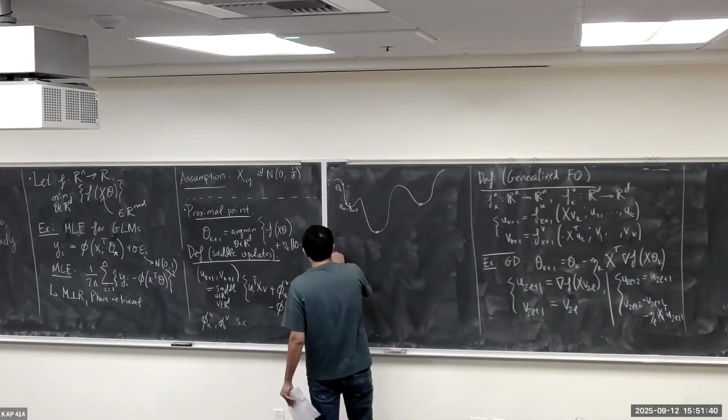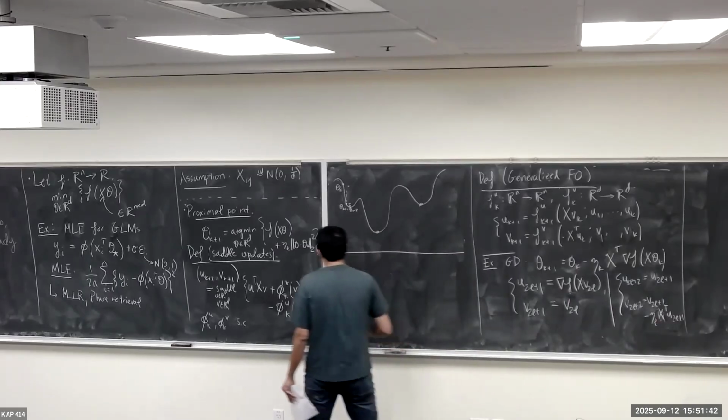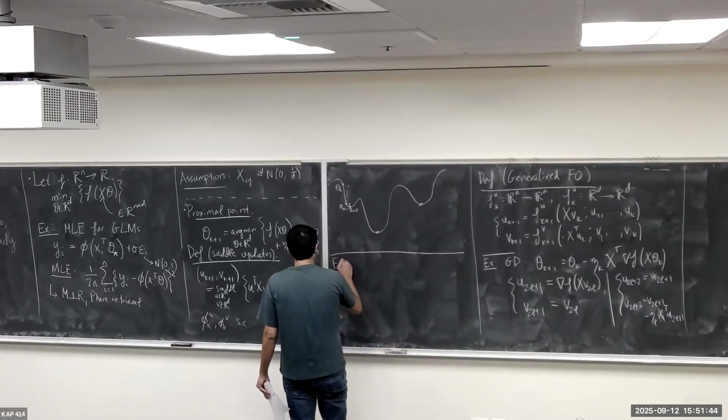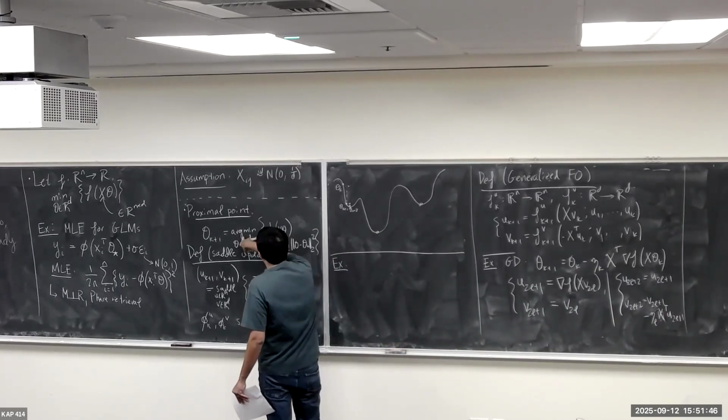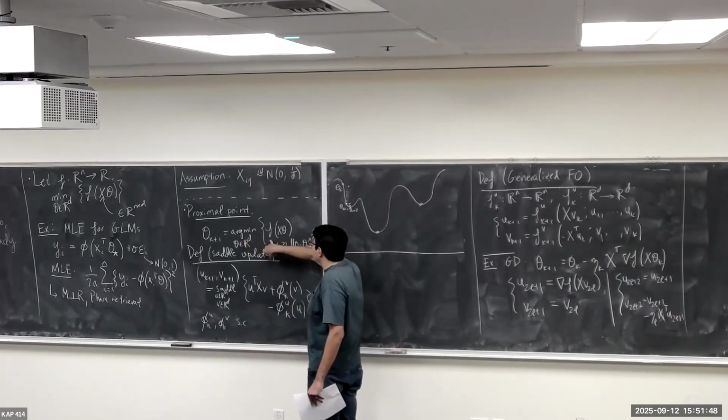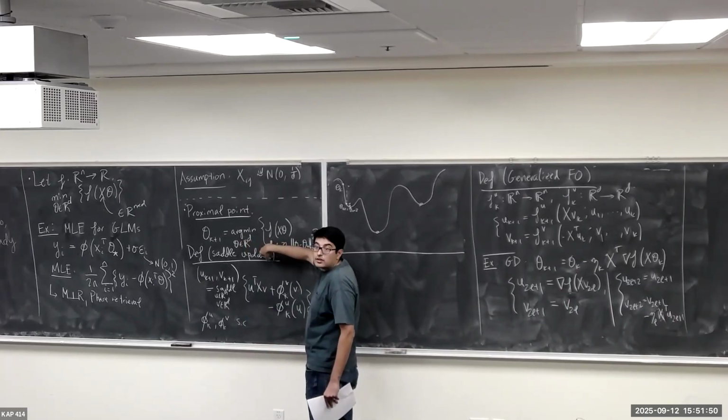Okay, so this class of saddle updates captures the proximal point method. How does it capture proximal point? For proximal point, if say f is convex, we can just take the convex dual.